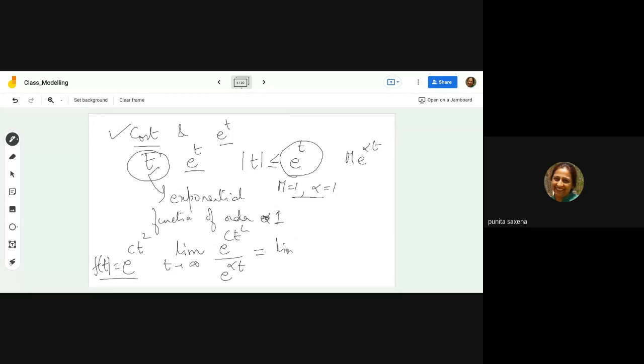I can write it as limit t tending to infinity e to the power ct into (t minus alpha). And mind you, your alpha is greater than 0, your t is also more than or equal to 0. What does this limit turn out to be?